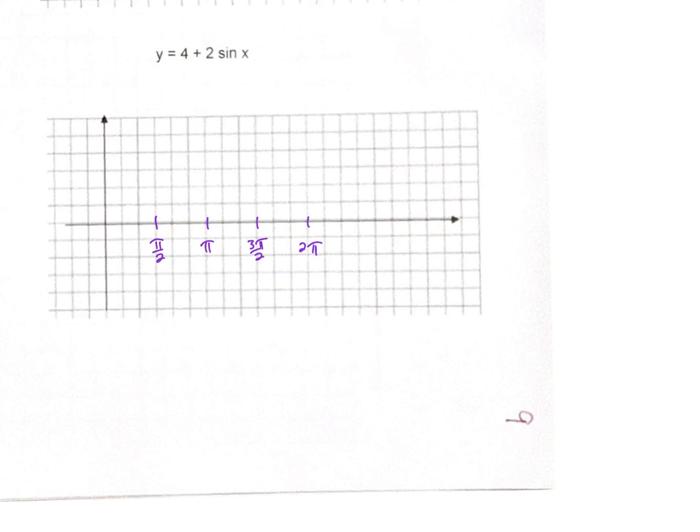So for a 2 sine x, we would have 0, 2, 0, -2, 0. But then this plus 4 means I'm adding 4 to each of these y values. So that puts me at 4, 6, 4, 2, 4.